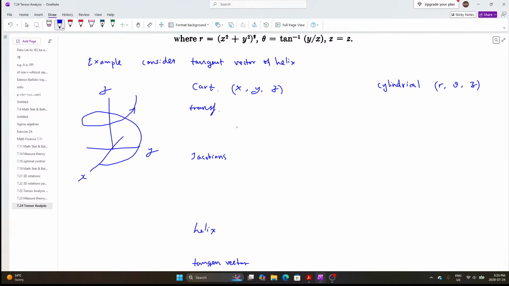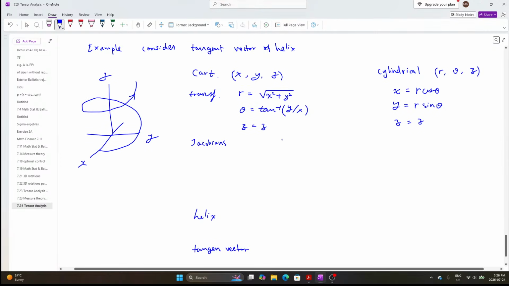So r is the square root of little x squared plus little y squared. Theta is the inverse tangent of y over x. z is just z. And the inverse transformation says x is r cosine theta, y is r sine theta, and z is just z.